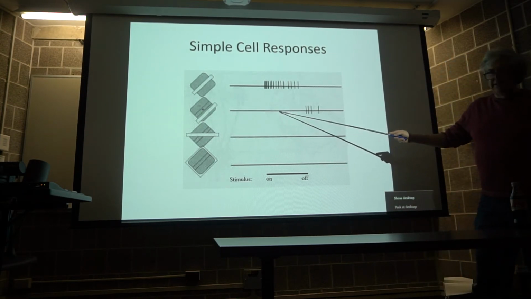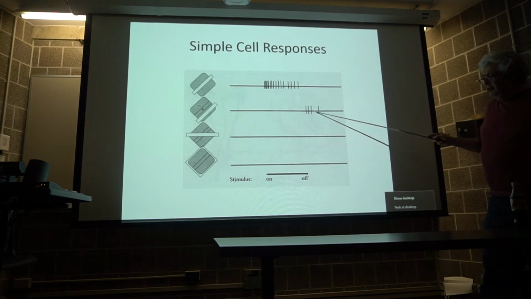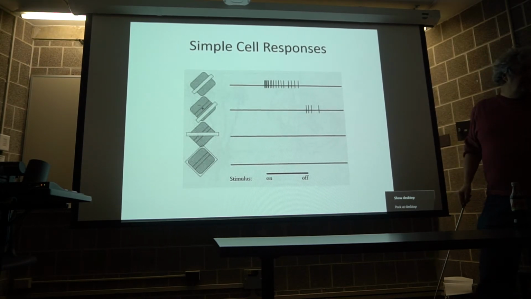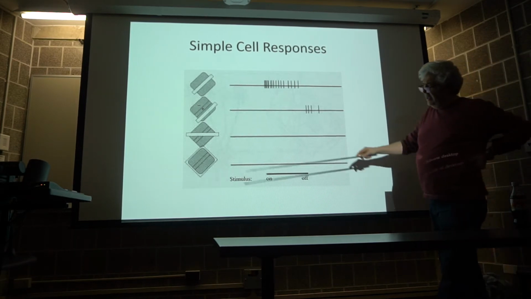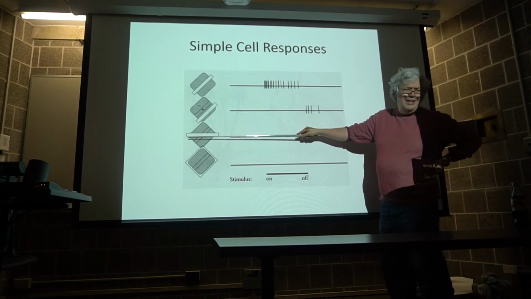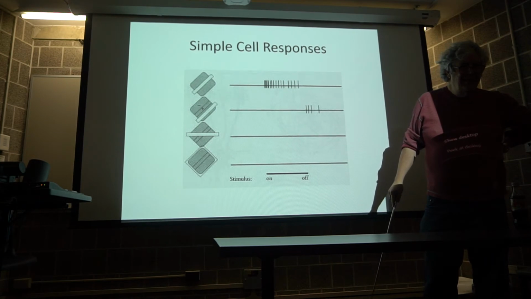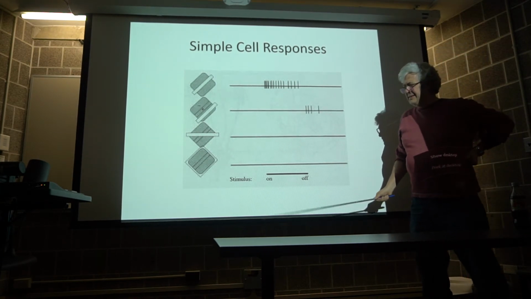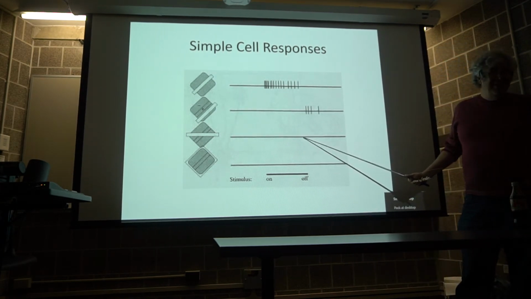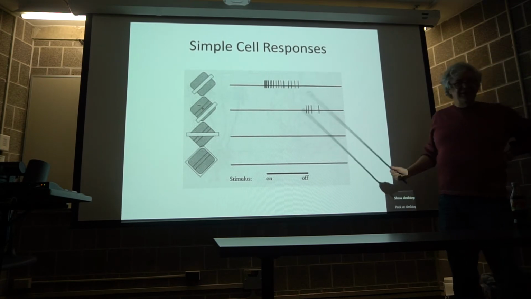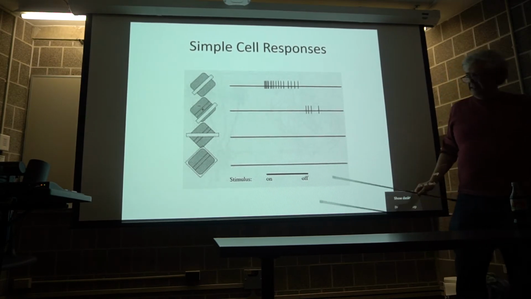There's no response to the light turning on, but in this case, when it turns off, you get a little burst of firing. Sort of like I described sometimes happens in LGN cells. Here's a nice bar of light, but it's at the wrong orientation. Can you see that? What's that cell going to do? Well, it's probably going to do nothing at all, because these cells are sensitive to the orientation of line segments.